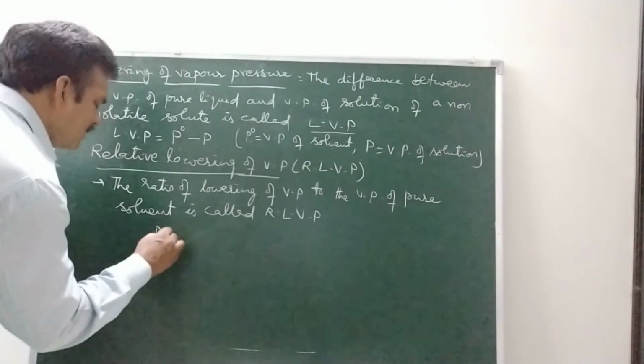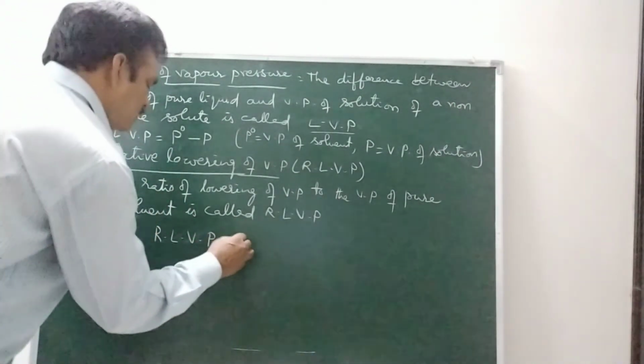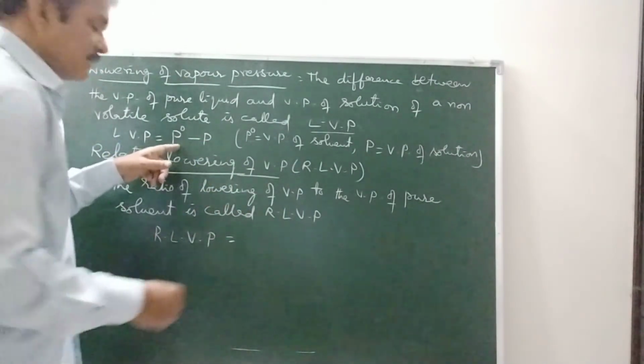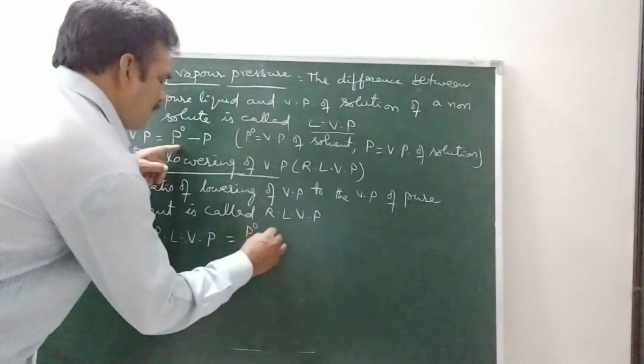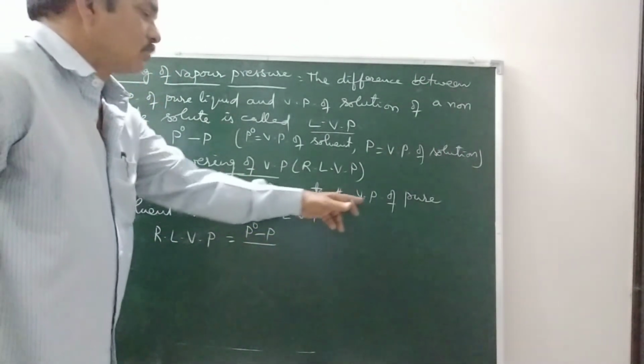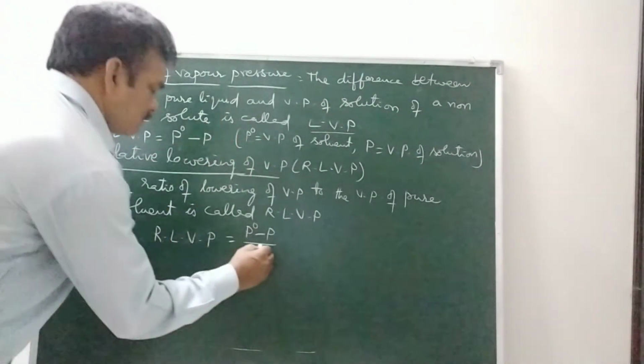So, RLVP, relative lowering of vapor pressure, is equal to the ratio of lowering of vapor pressure, which is P naught minus P, to the vapor pressure of pure solvent, which is P naught.